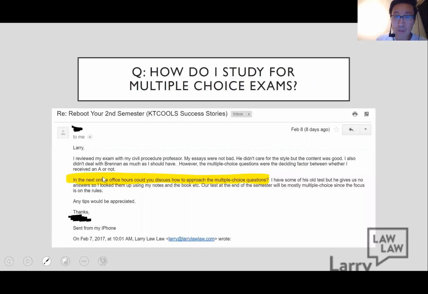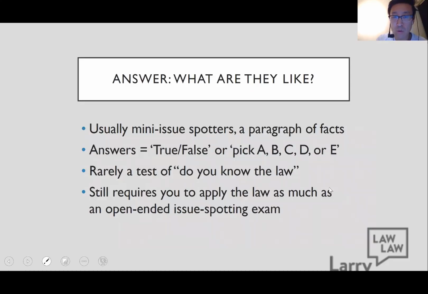I take it from this question that the prof likes to focus on the rules. I think that's a rarity. I do have a friend who teaches law at the University of North Dakota, and he actually does give a straight up black letter law exam, and then has an actual issue spotting essay question at the end. But I think most do something like this.